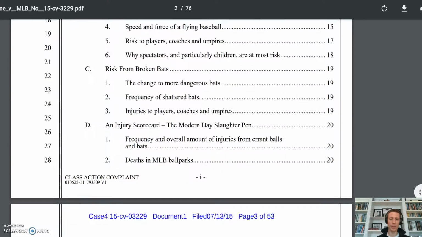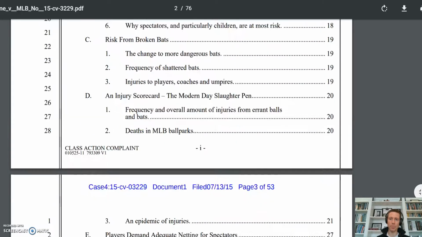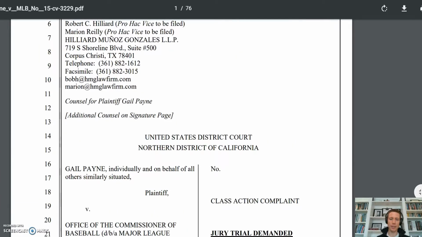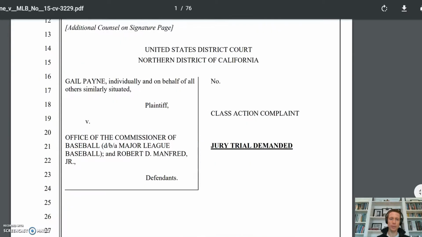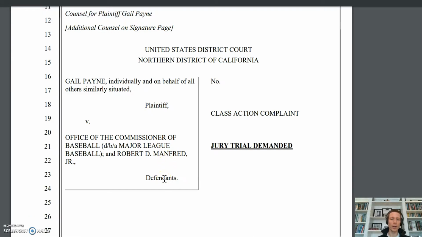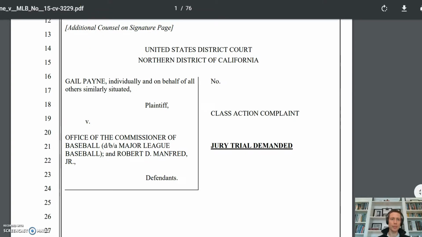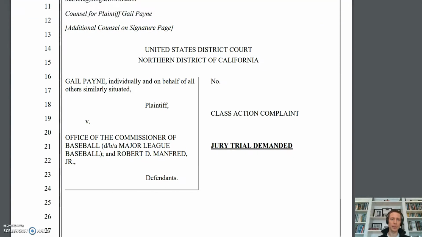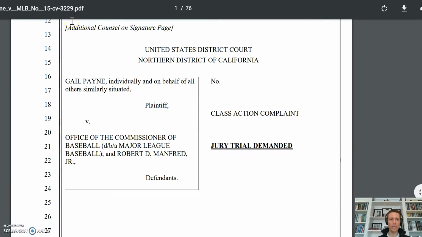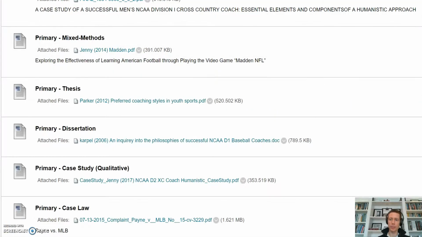It is a report of a specific case that was performed, United States District Court, Northern District of California, and then you can see the plaintiff and the defendant and what was the result of that particular case. And so a lot of business and sport management types of scholars will use that as type of primary research.